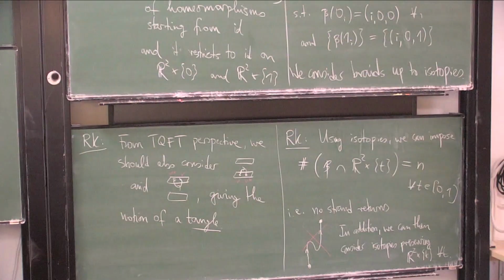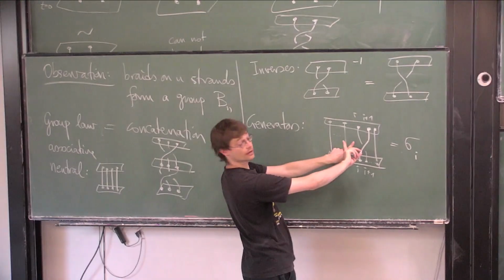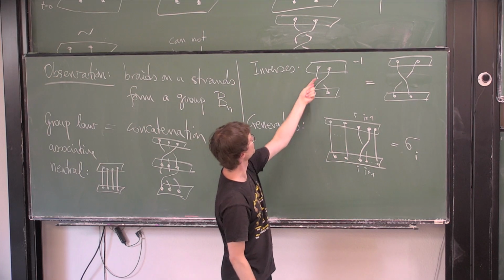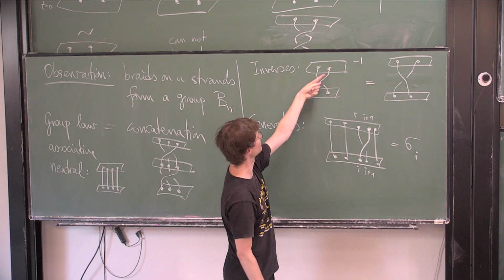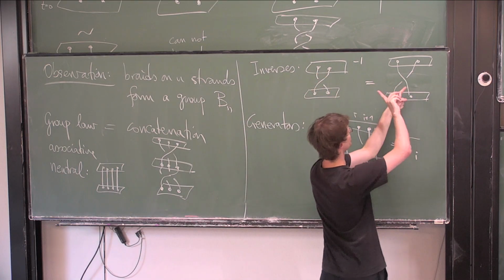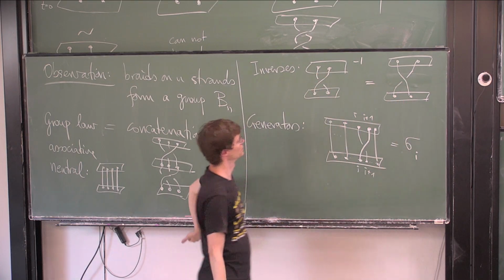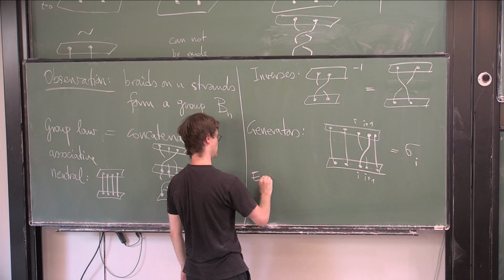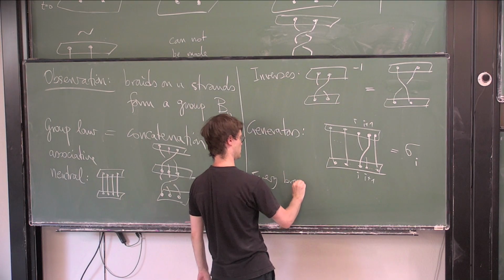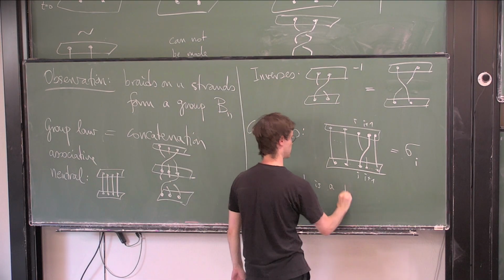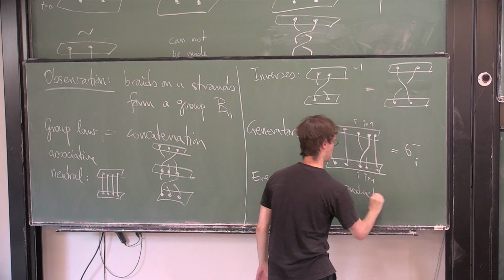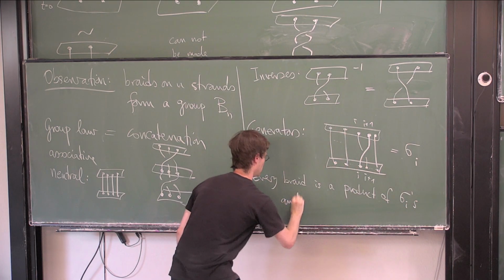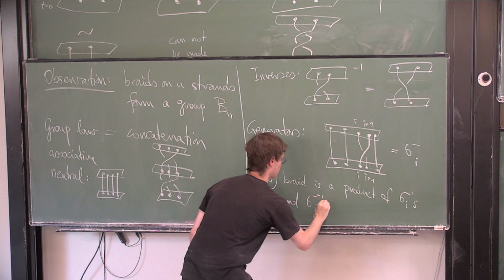Then sigma i inverse is the same where you go the other way around. So my convention is that the left goes above. This is sigma i, and sigma i inverse is when the right goes above. So every braid is a product of sigma i's and sigma j inverses.